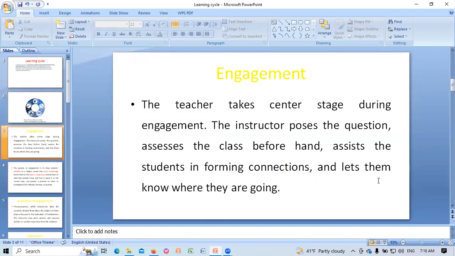First of all, engagement. In the context of engagement, the teacher takes center stage.